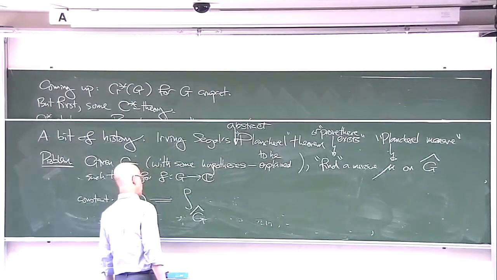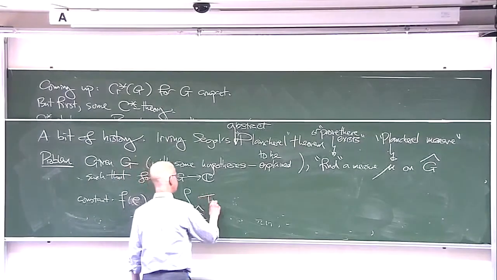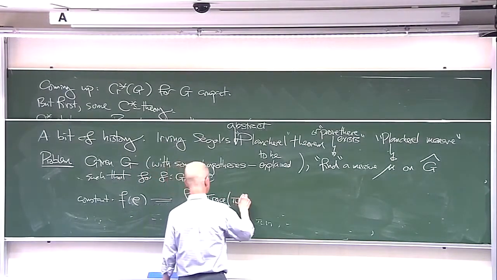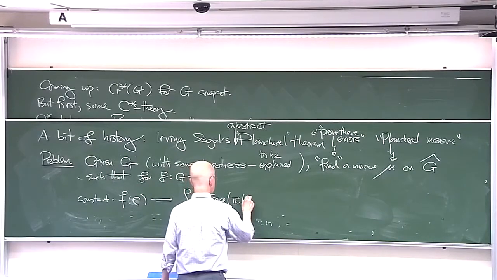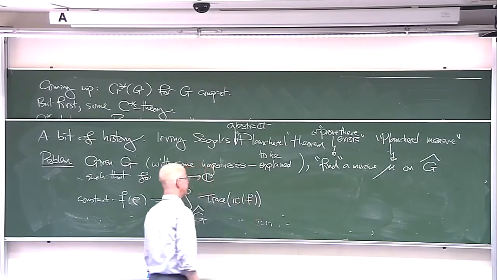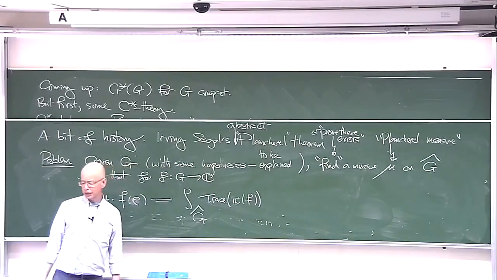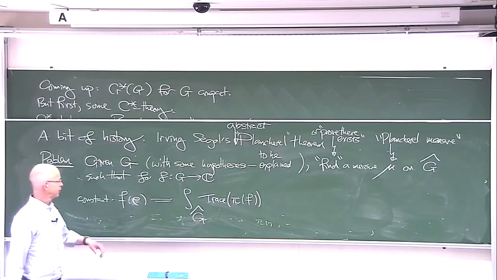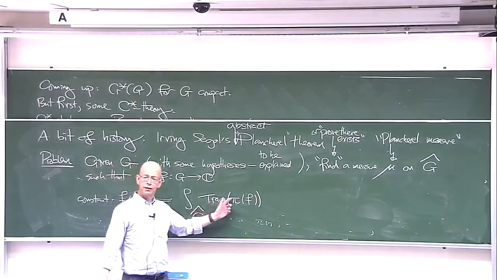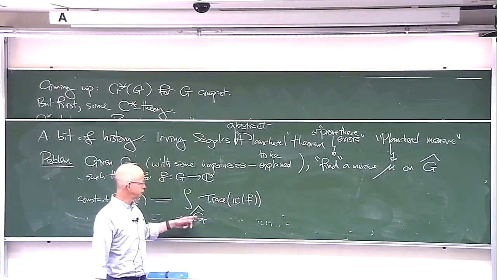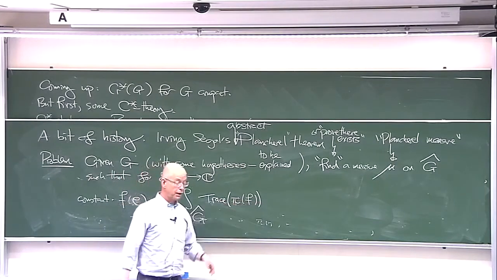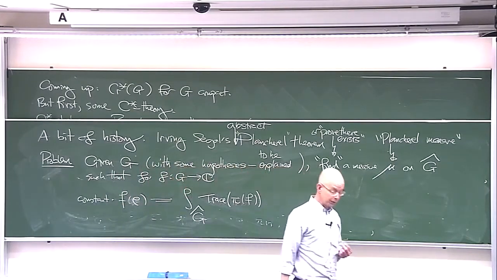Okay, now what are you supposed to do? Well, after some thinking, it was decided that this is the right thing to do. If I have a function on G, you can think of it, as long as it's a compactly supported function, as an element of the C-star algebra of G, and I can convert any representation of G into a representation of the C-star algebra, and so I can form pi of f, and it's an operator on some Hilbert space.